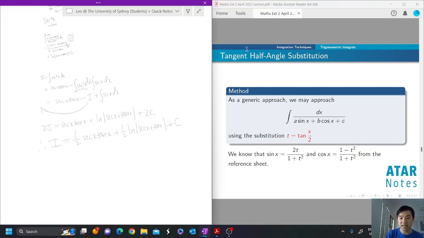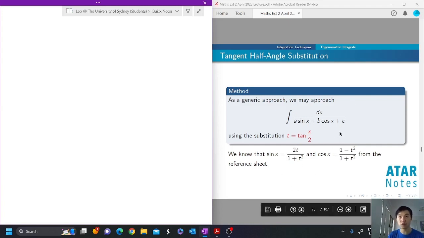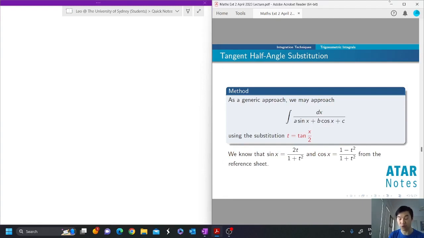Another way you can integrate is, remember when you learned about the T formula in year 11 extension? Well, another application of the T formula is with integration, because if you have an integral which has sine and cos in the denominator or something like that, you can let t be equal to tan x over 2, then use your T formulas to replace it, and then it will help you do the integral.